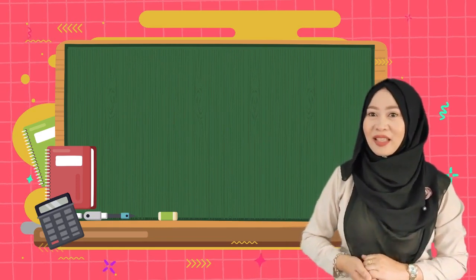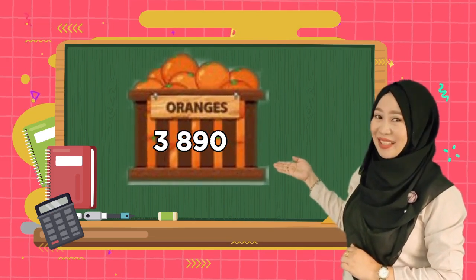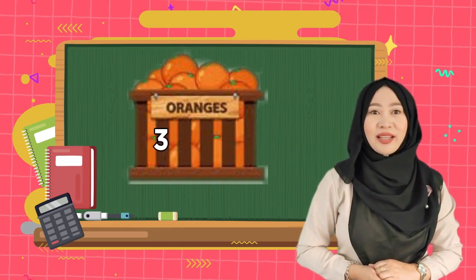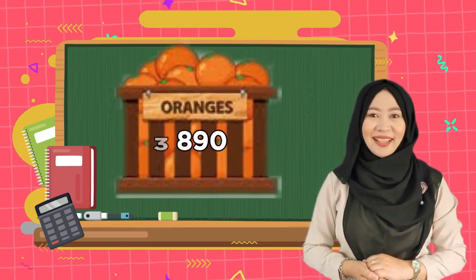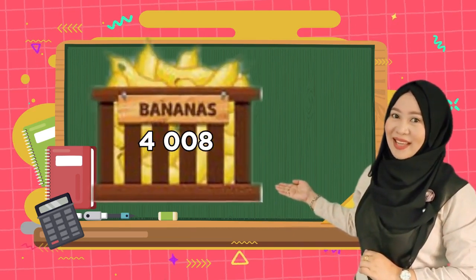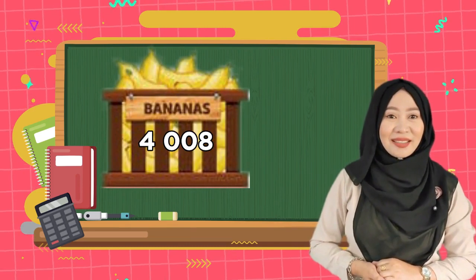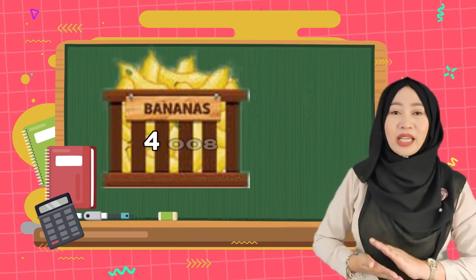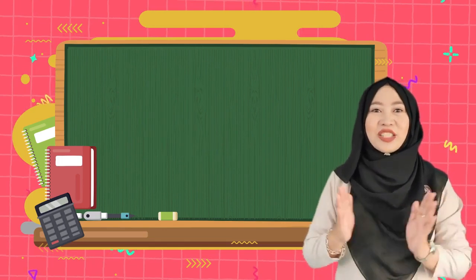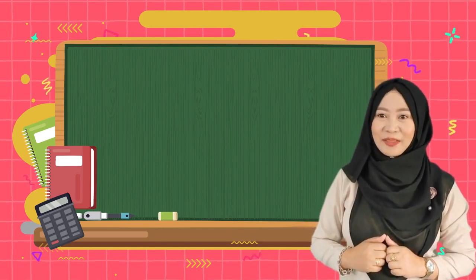The third box is a box of orange. And the number is... Very good! It's 3,890. The fourth box is a box of bananas. Again, the number written is... Exactly! It's 4,008.